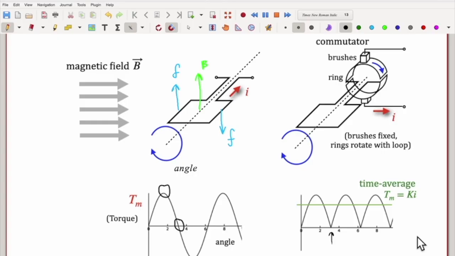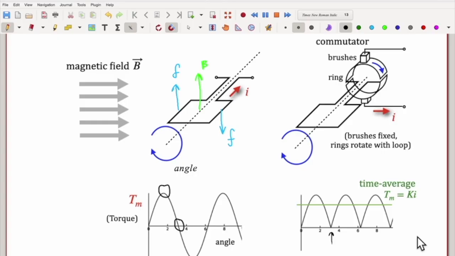And instead of having the coils spin, it turns out that in a brushless motor, usually the coils stay fixed and the magnet spins instead. And then a computer senses voltage ripple coming through the terminals of the coil, and they use that to determine when to turn on and off the different coils.